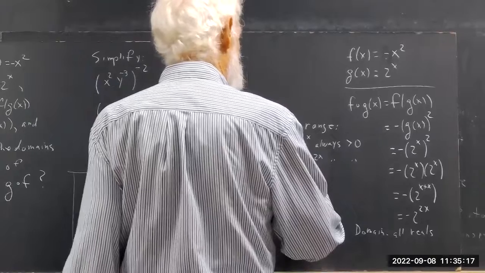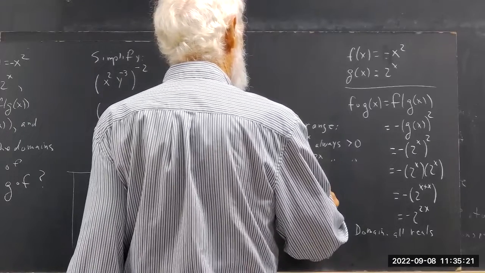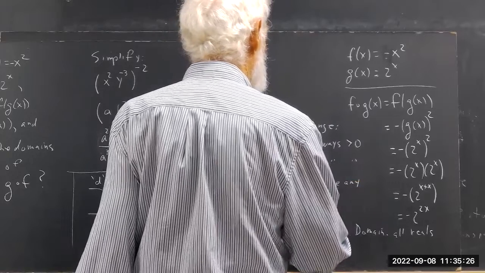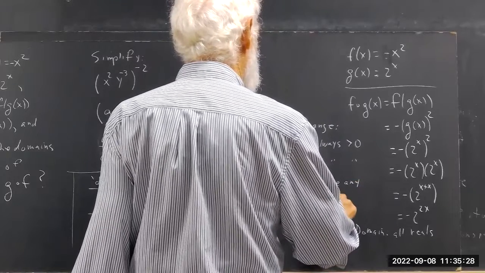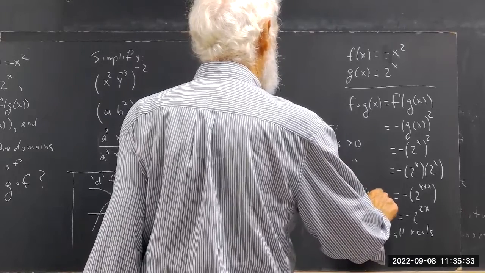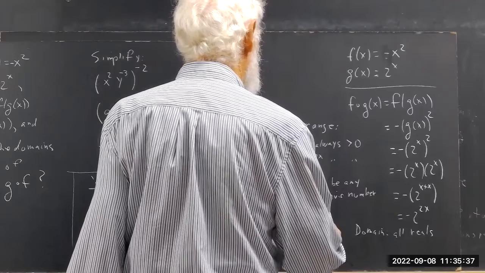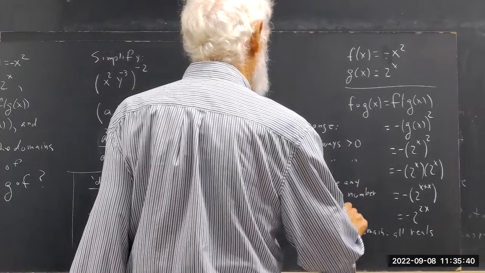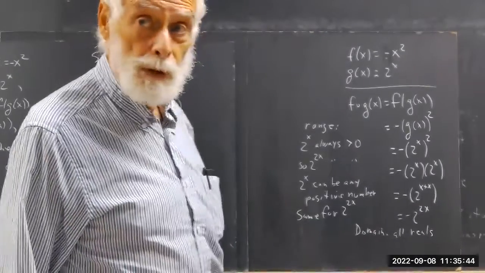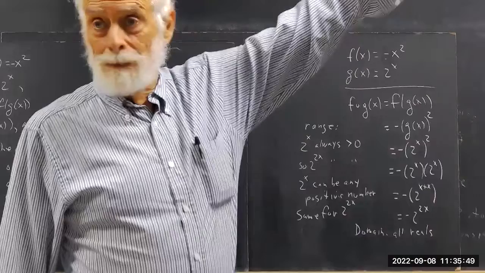And we can say that 2 to the x can be any positive number because, you know, if you go to the right, this thing gets really steep.